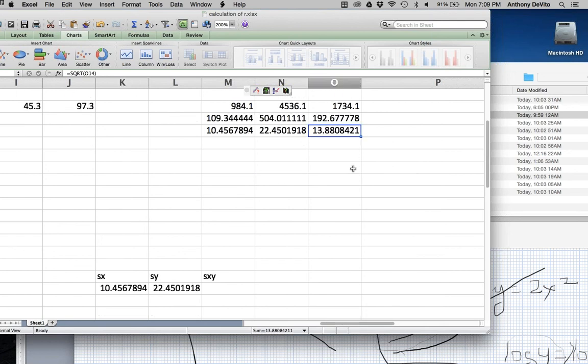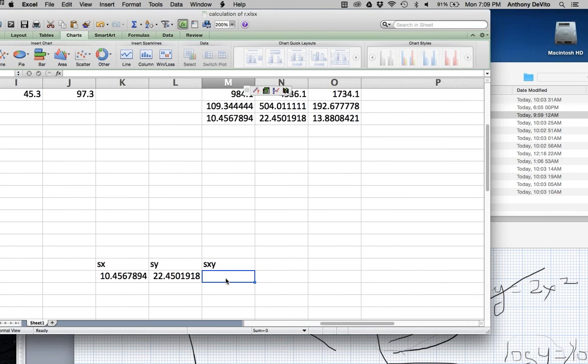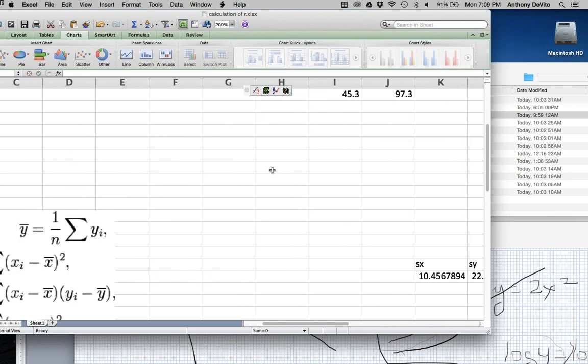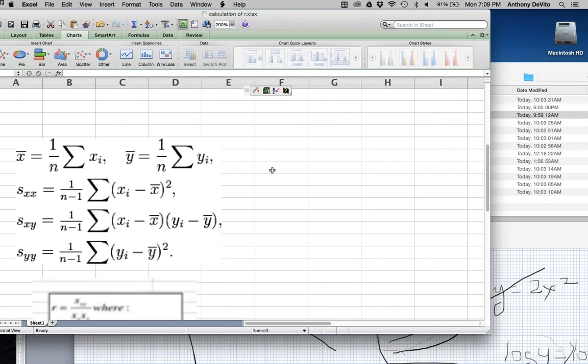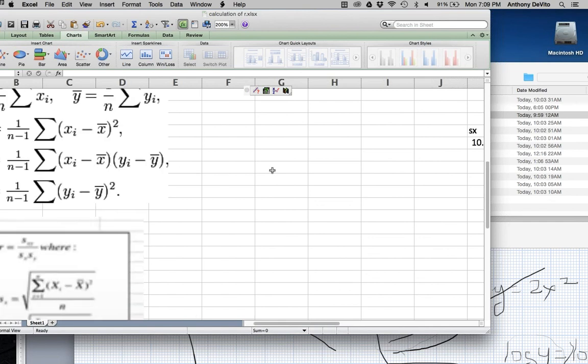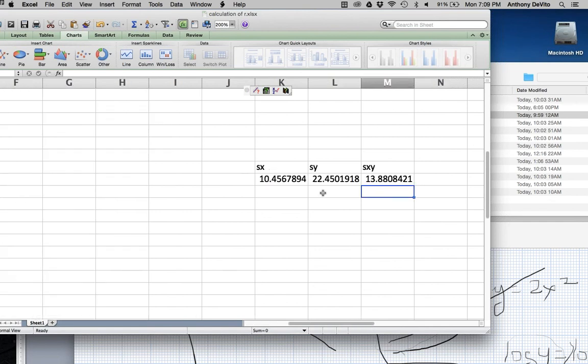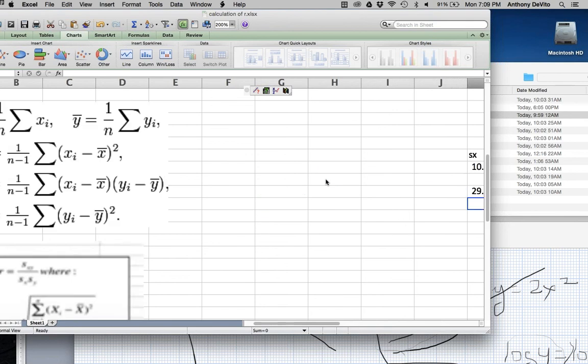Okay, let's put it here. Equals this. So R is going to be equal to total sum of squares, this divided by this times this. Sum of squares for x and sum of squares for y. So I screwed it up.